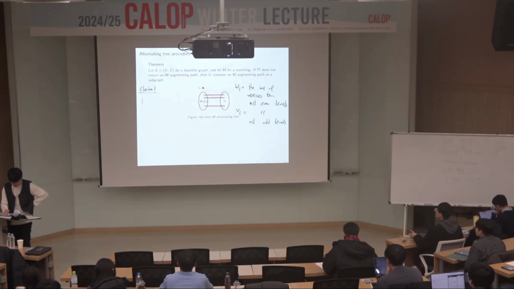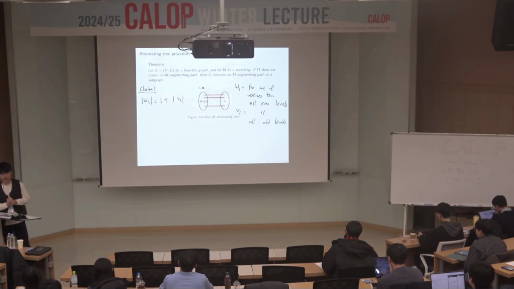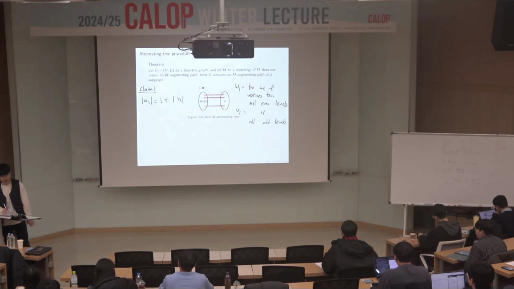We know that the size of W1, which is the number of even level vertices, is 1 larger than the number of odd level vertices. Again, this is because of this argument at the bottom right. We have one vertex which is exposed, and then each odd level and the next even level can be paired, and they have the same number of vertices. This is claim 1.